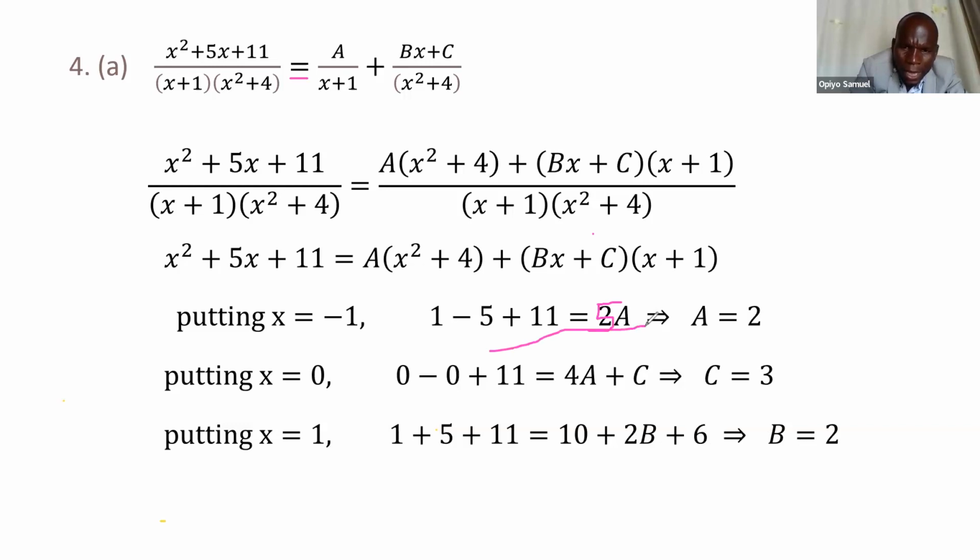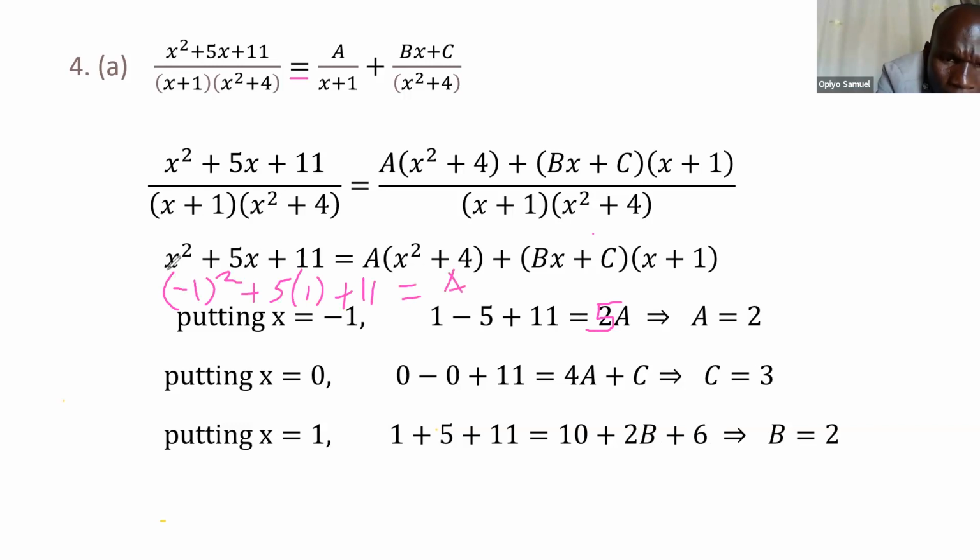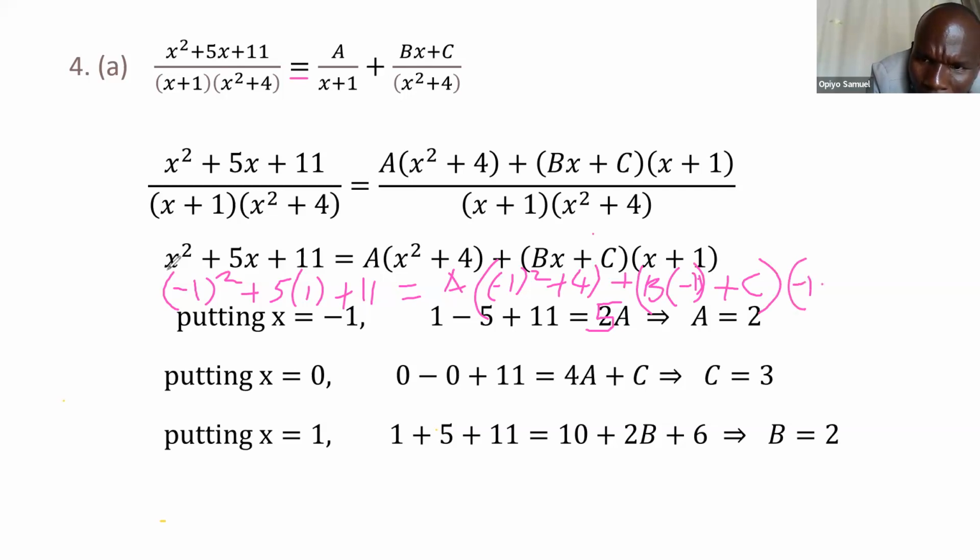To avoid making errors, because we are substituting here, it's better that if you are putting -1, you first substitute all of it: -1 squared plus 5 times -1 plus 11 equals a times -1 squared plus 4, plus b times -1 plus c, times -1 plus 1.